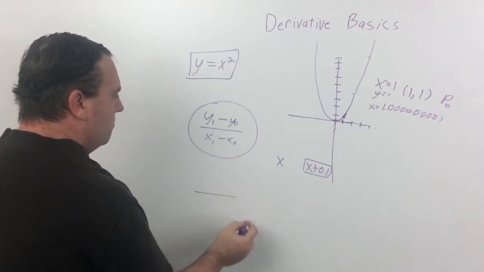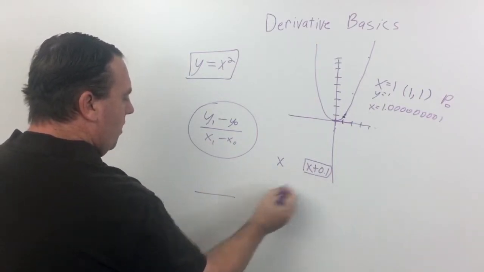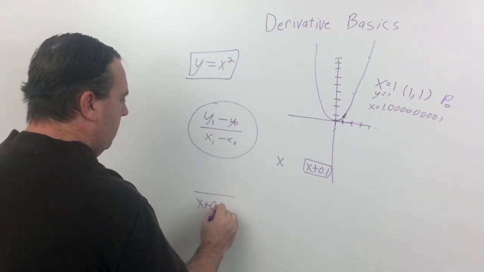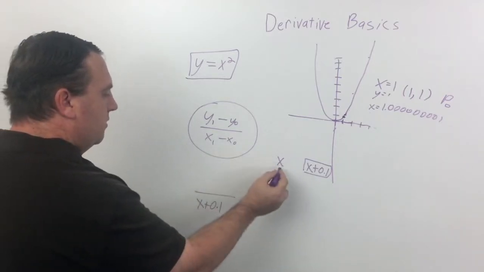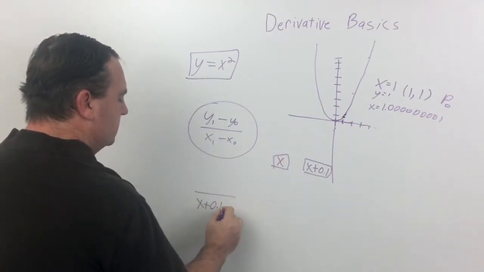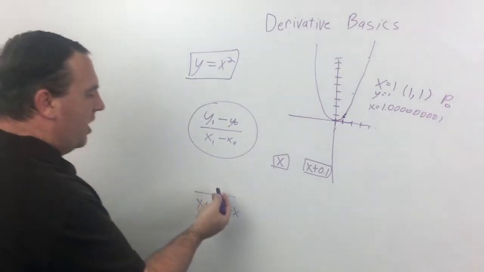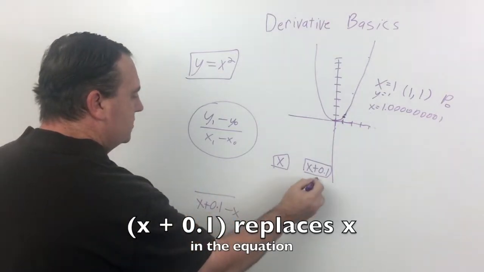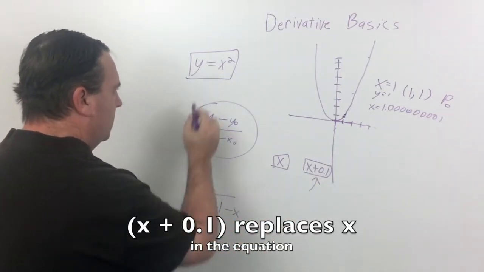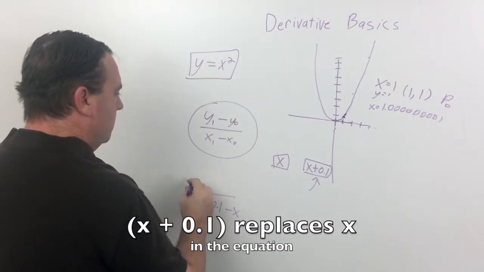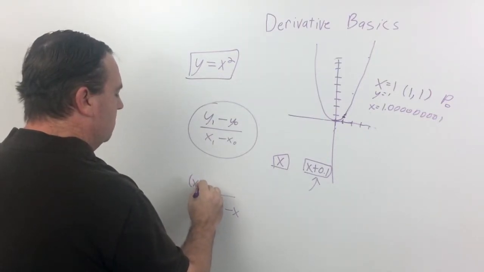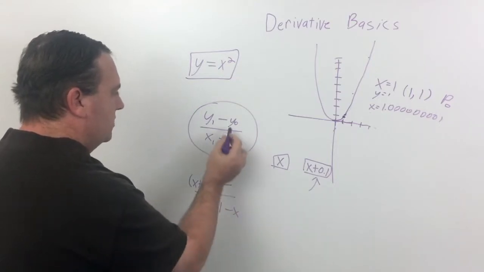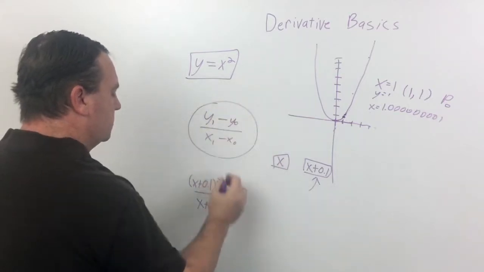Well, on the bottom, our x1 will be x plus 0.1. Our x0 will be x. And then on top, our y1 will be this squared, because it's y equals x squared. So we'll have x plus 0.1 squared minus y0, which will be x squared.